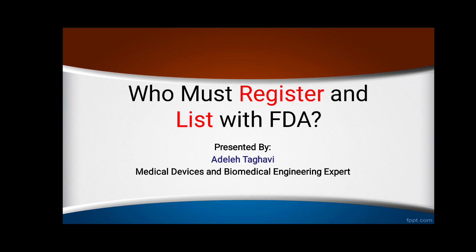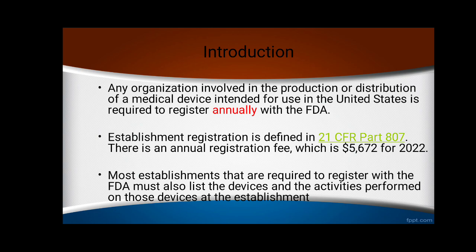According to FDA regulations, any organization involved in the production or distribution of a medical device intended for use in the United States is required to register annually with FDA.